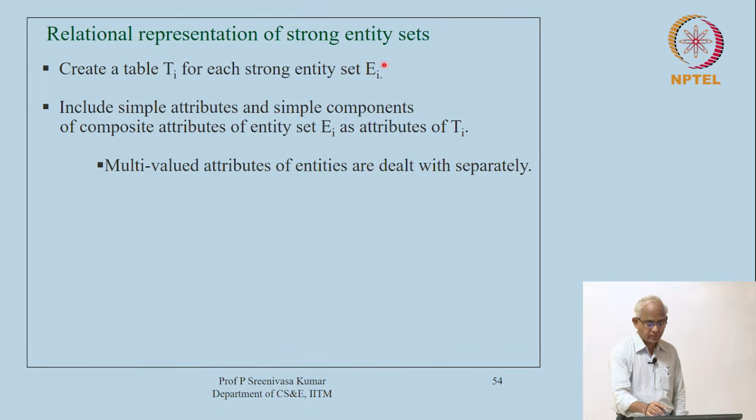Now, the entity set will have attributes, right. Now, it will have different kinds of attributes. So, we will take the simple attributes, and then if there are composite attributes, what we do basically here is to take the simple components of those composite attributes. Okay. Each of these composite attributes has components, right.